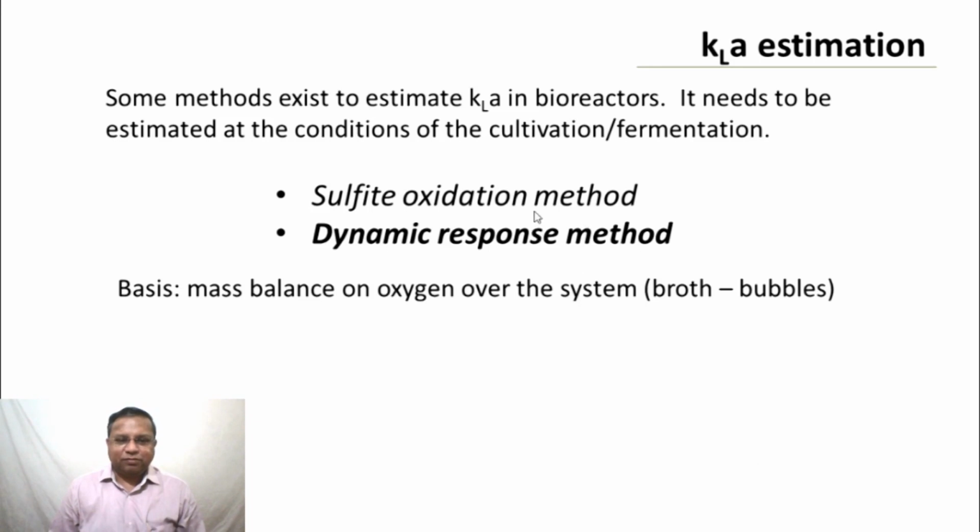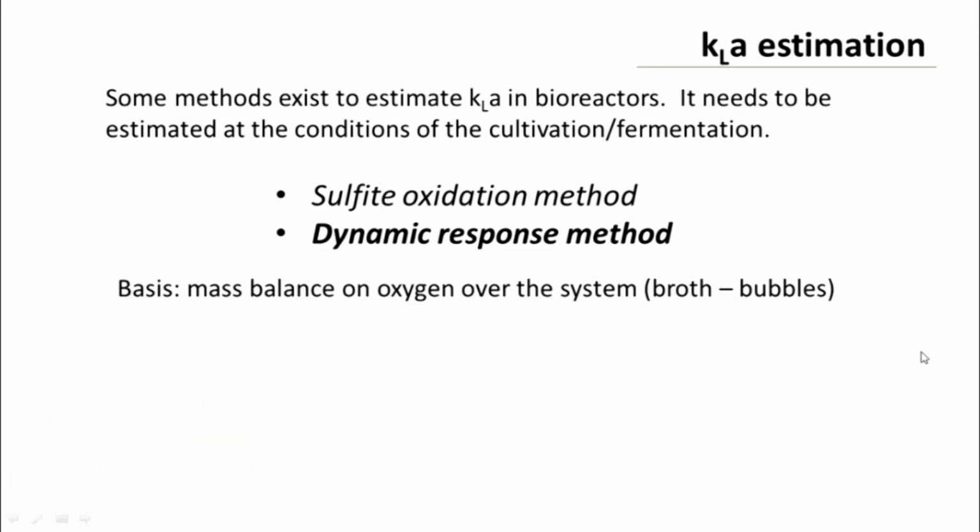For the background to this method, let us again look at the mass balance on oxygen over the system, broth minus bubbles. Ri minus Ro plus Rg minus Rc equals the accumulation rate: input, output, generation, consumption. The output rate was 0 because of our conveniently chosen system.